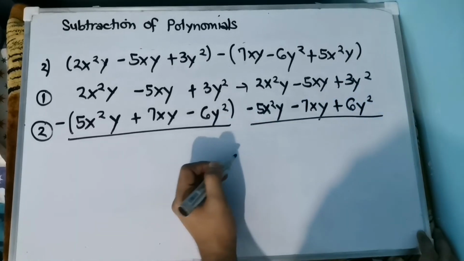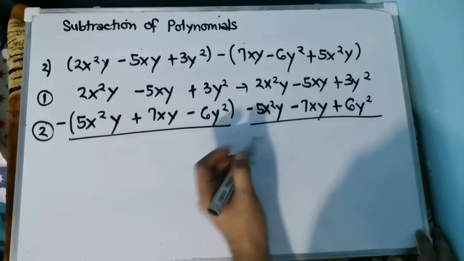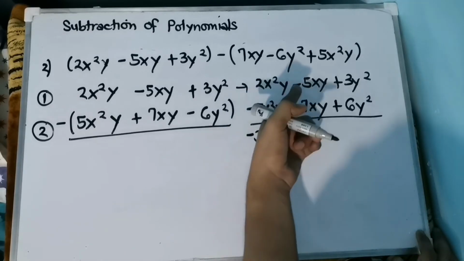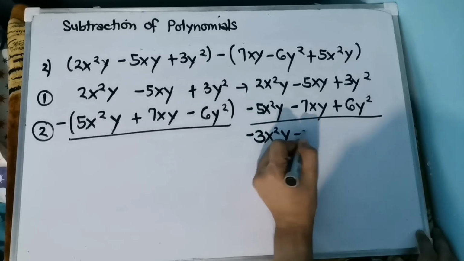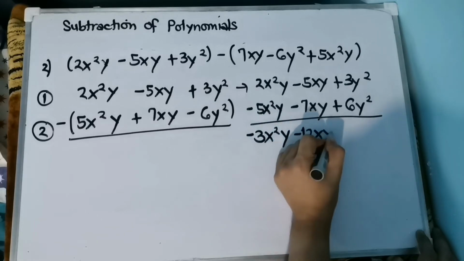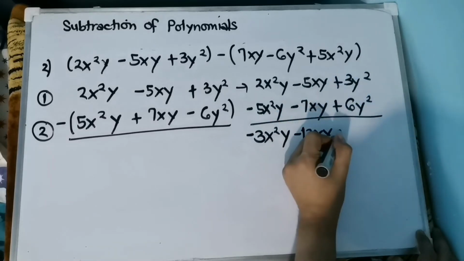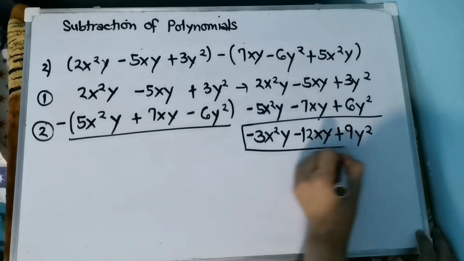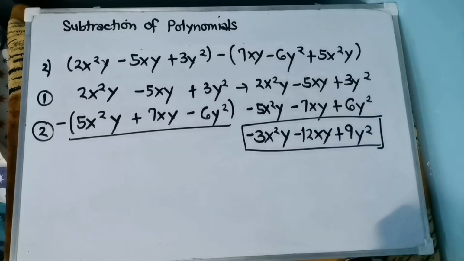And then add. So 2 minus 5, we have negative 3x squared y. Negative 5 minus 7, we have negative 12xy. And 3 plus 6, we have 9y squared. So this will be our answer: negative 3x squared y minus 12xy plus 9y squared.